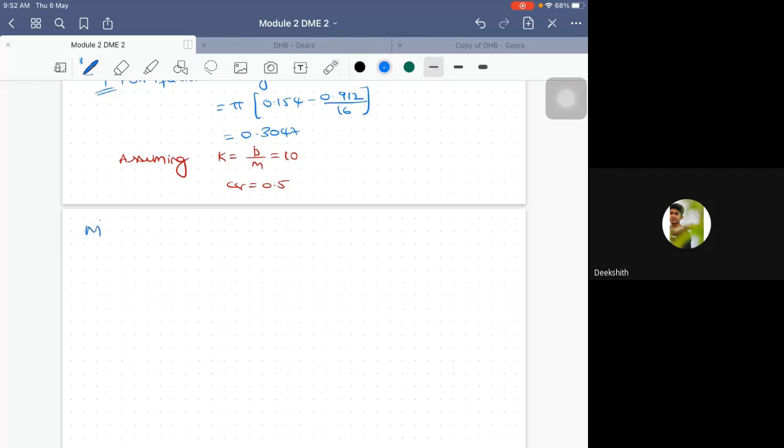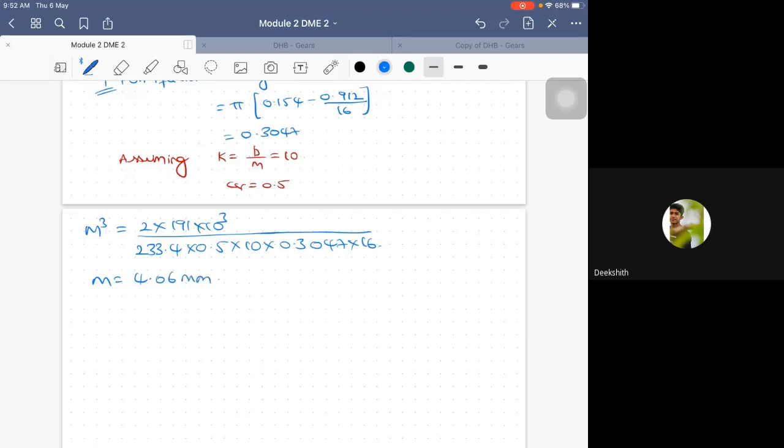So module cube is equal to 2 cross 191 into 10 to the power of 3 divided by 233.4 cross 0.5 cross 10 cross 0.3047 cross 16. When you do this, the module you obtain is 4.06 mm.